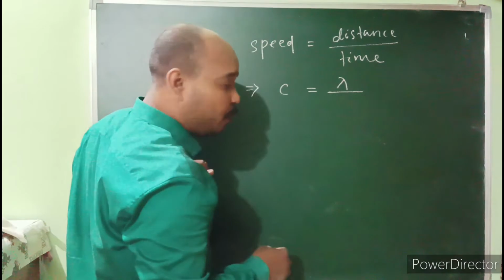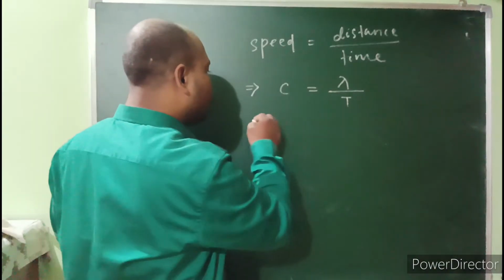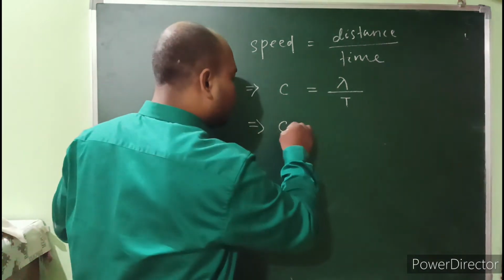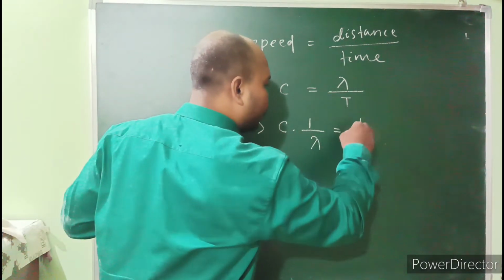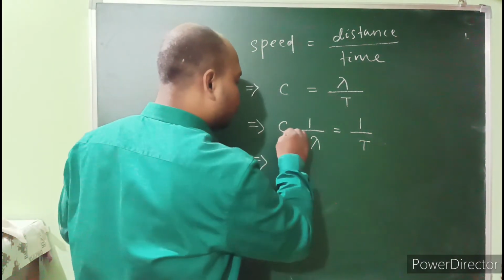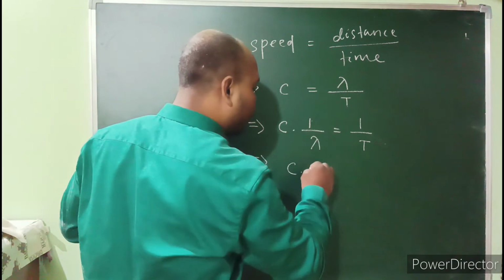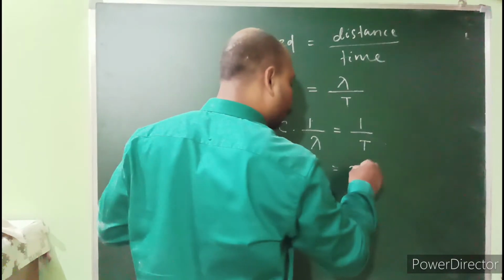Time means time period here, that is 1 by nu. We can solve it that C into 1 by lambda equals to 1 by t. We know that C 1 by lambda is nu bar, 1 by t is nu.